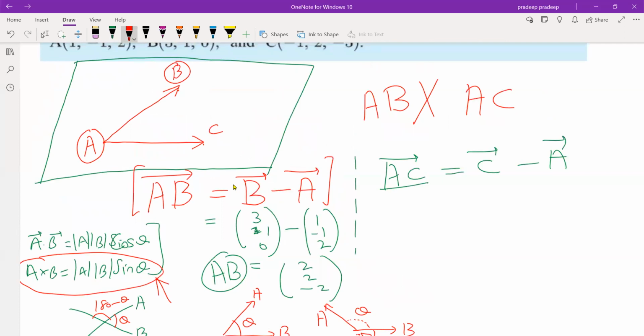So just try to identify AC first, and then we'll do AB cross AC. Sheldon, did you get AC? Not yet. Solve it and tell me what AC is.